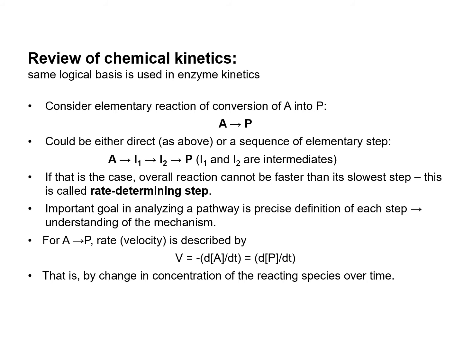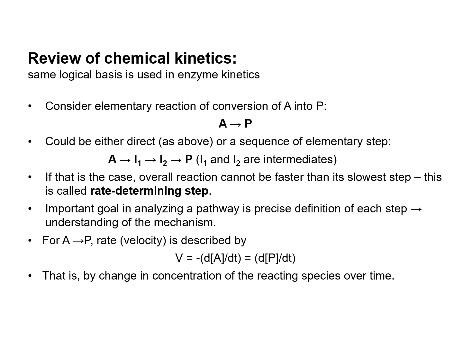If it's the case of this sequential reaction, then the overall reaction cannot be faster than its slowest step, which can be either from A to I1, I1 to I2, or I2 to P. And this particular step is called the rate limiting or rate determining step. An important goal in analyzing a pathway is a precise definition of each step, which leads to understanding of the catalytic mechanism.